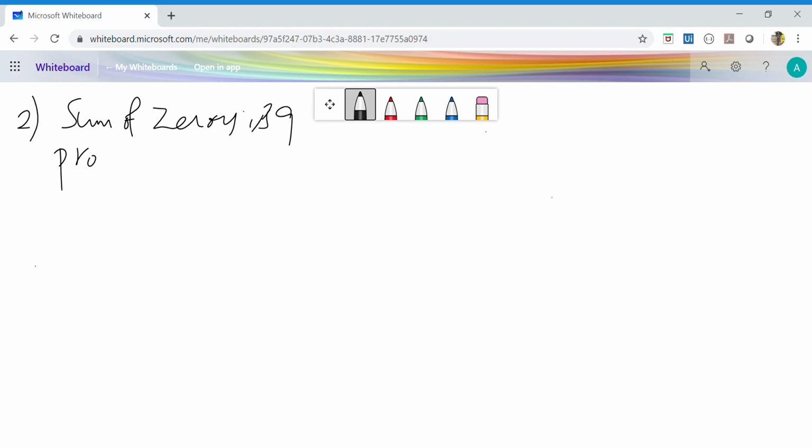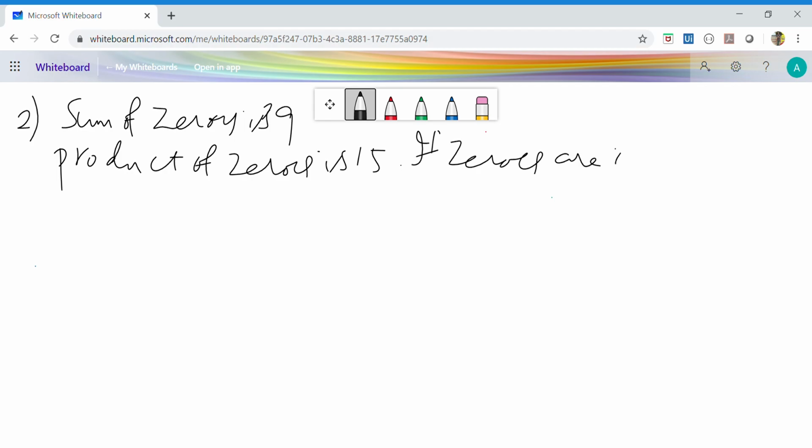If in a cubic polynomial the sum of zeros is 9 and the product of zeros is 15, and the zeros are in AP, find the cubic polynomial.